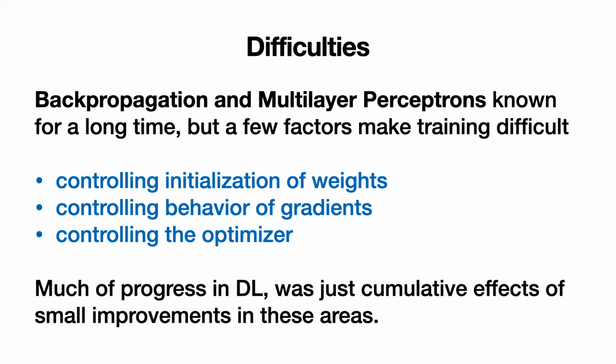Okay, so basically, back propagation and multi-layer perceptrons have been known for a long time, but there were lots of things where training became difficult, and so for a long time it just didn't work. And so one of the things is controlling the initialization of weights, controlling the behavior of gradients, and controlling the details of the optimizer.